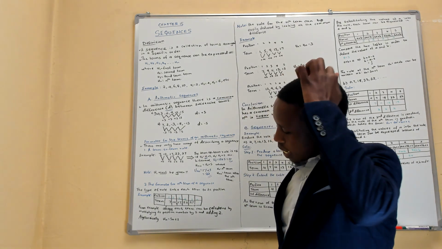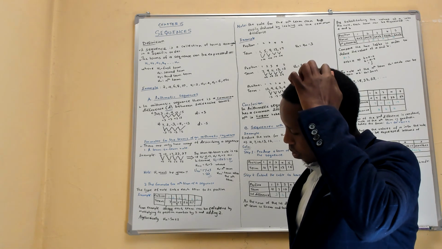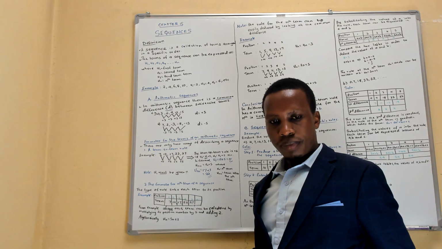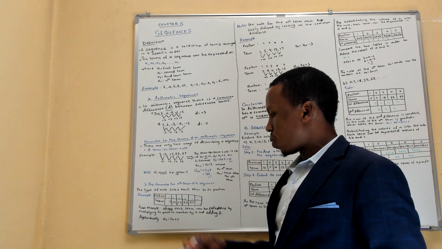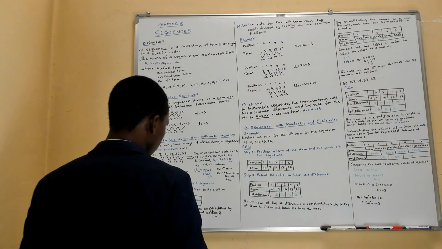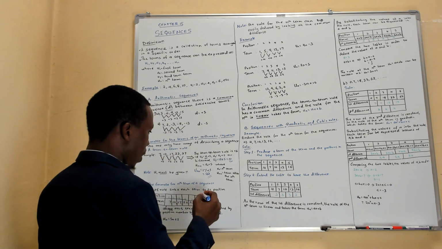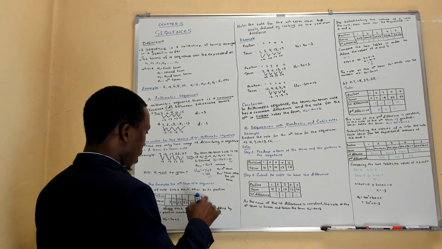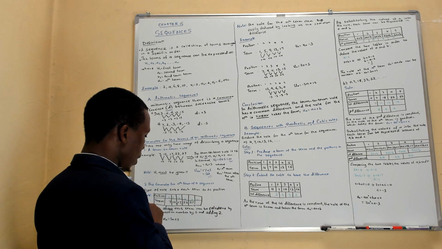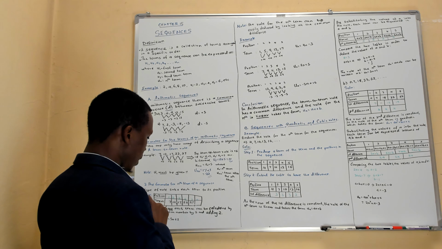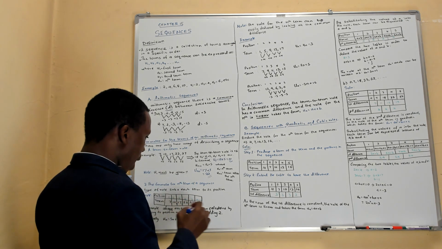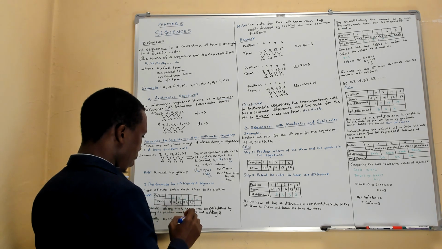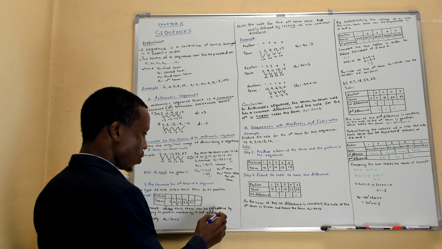So if I want to get, for example, 7, which is in position 1, for me to get 7, I'll have to multiply the position number by 5, then add 2.